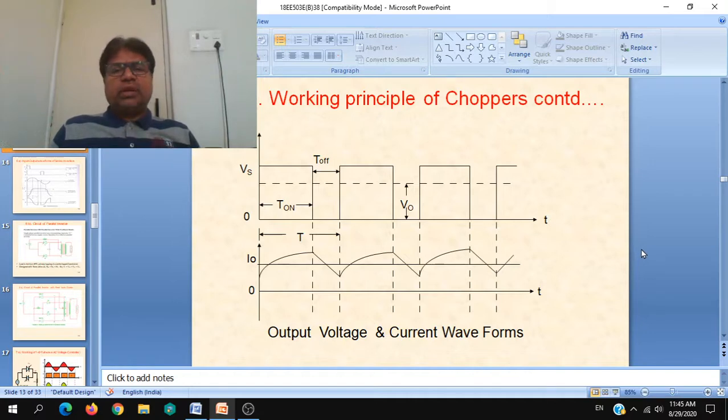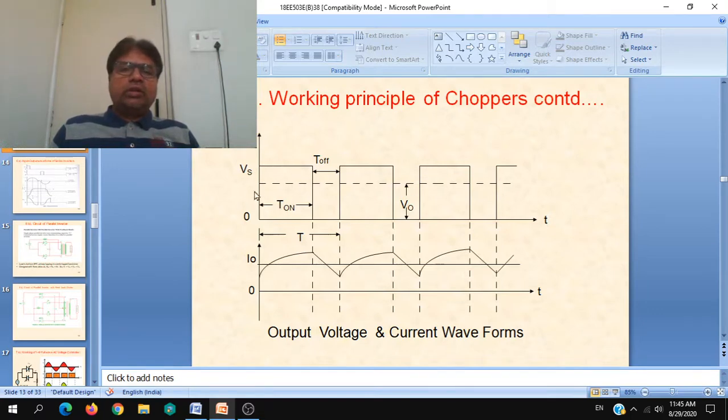Even if you want to draw it, draw a single one. You need not draw all on the same graph itself. You can draw it corresponding to T on, this voltage will be there, or only this figure will also meet the requirement. That is, Vs is the continuous line source voltage.